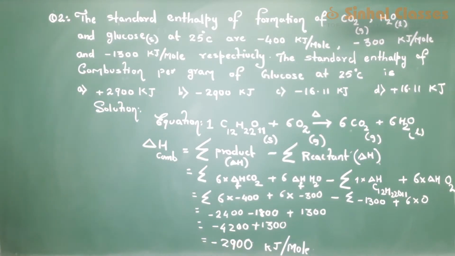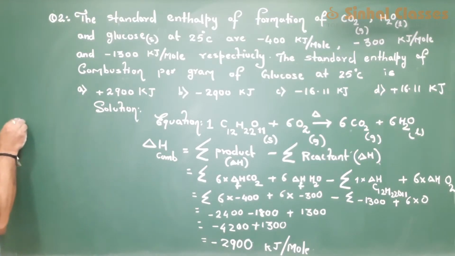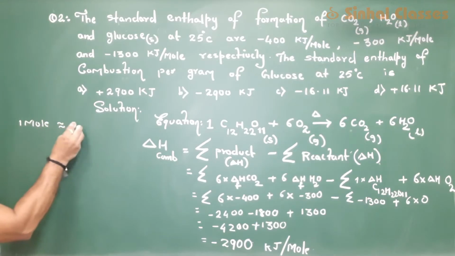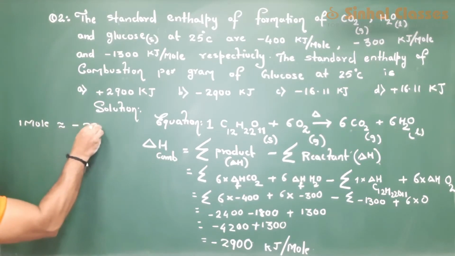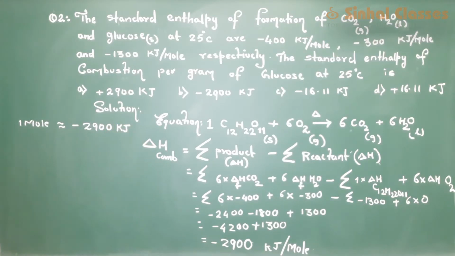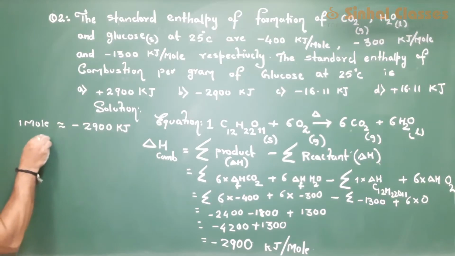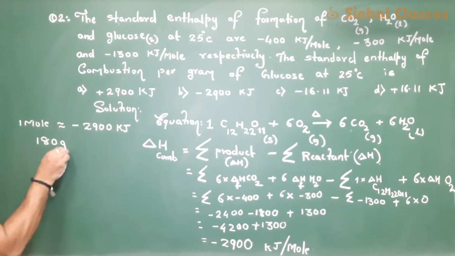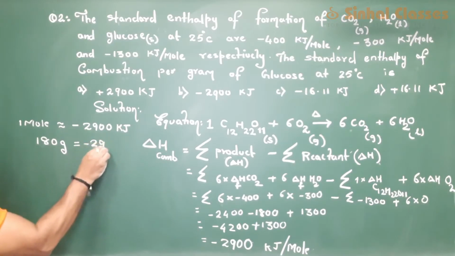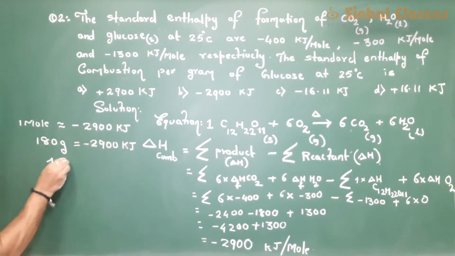Now this is for per mole, that means 1 mole is giving you minus 2900 kilojoules. So 1 mole is nothing else but 180 grams of glucose. 180 grams gives you 2900 kilojoules, and we want it for 1 gram.